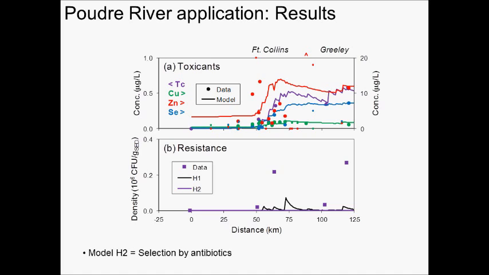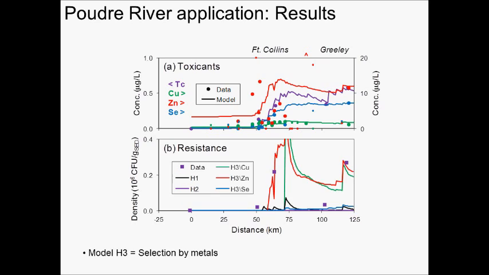The third hypothesis is co-selection by metals, and we run three different scenarios: copper, zinc, and selenium, and these are the results shown here. And what we see is that with the copper and the zinc scenarios, we get resistance of the same order of magnitude, or at the same level as what we observe.